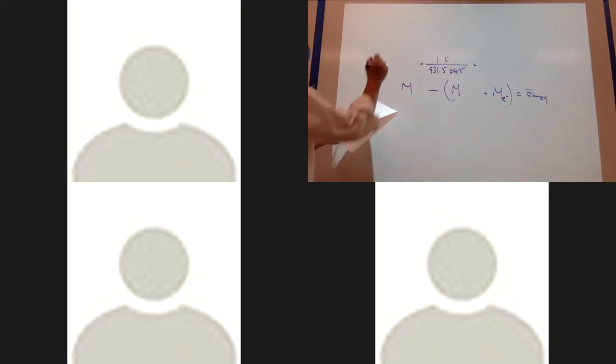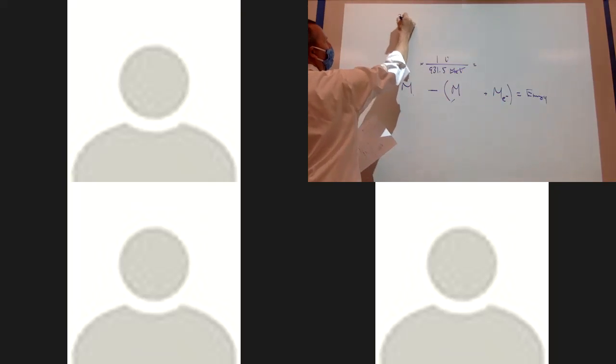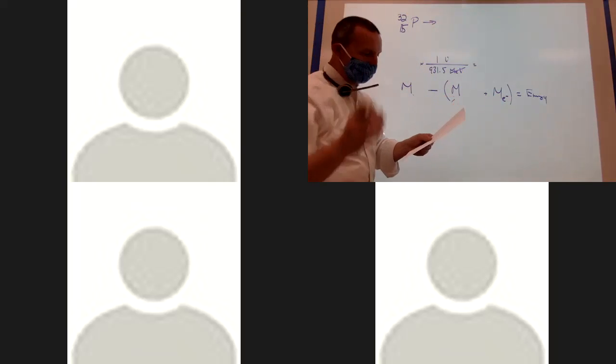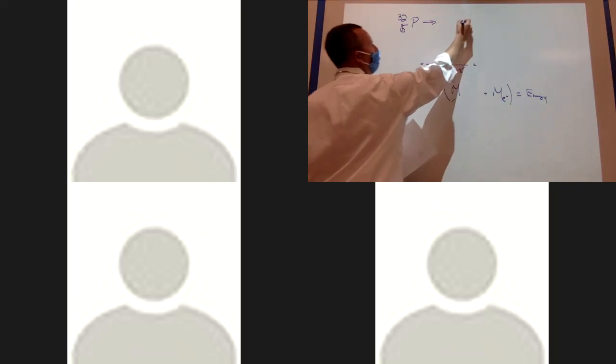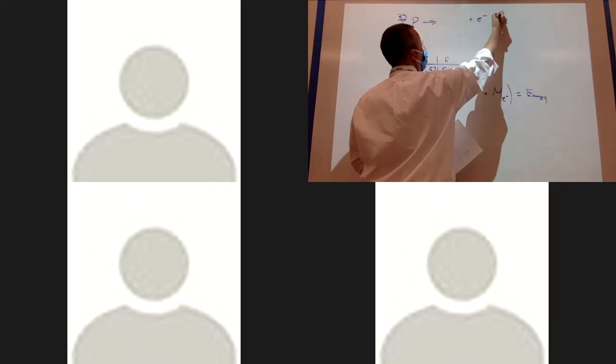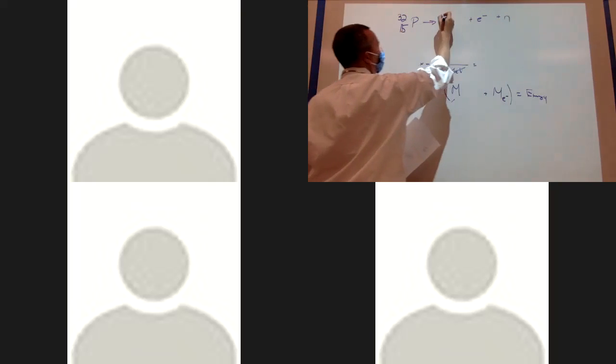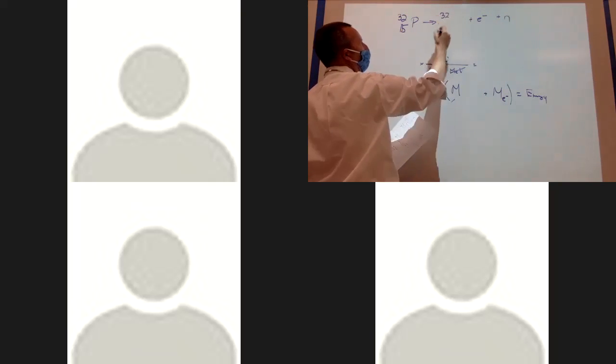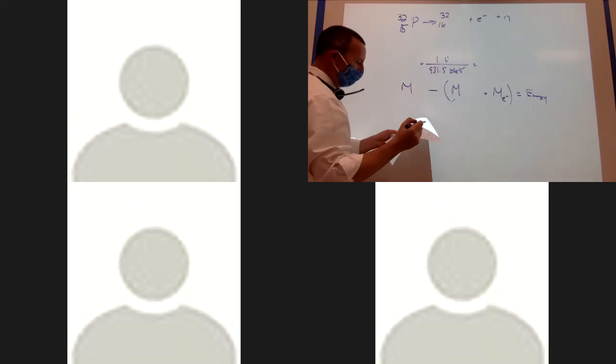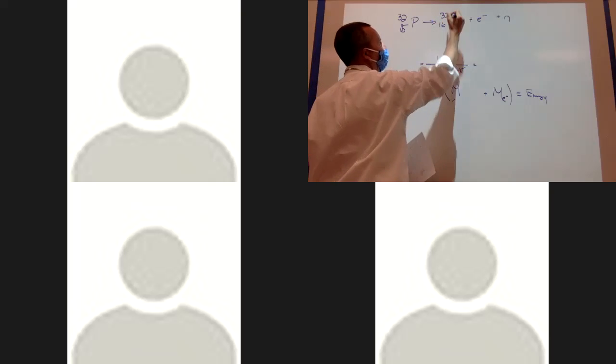So we are given phosphorus 32, and we're asked what does it turn into during beta decay. So this has got to be 32, and this has got to be 16, and that turns out to be sulfur.